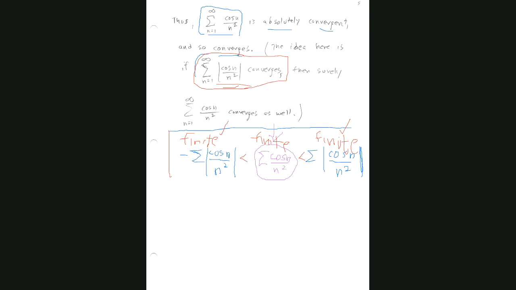So if the series of absolute values converges, then the series without the absolute value would also have to converge. It would have to, because this series here is certainly greater than the series we're interested in.